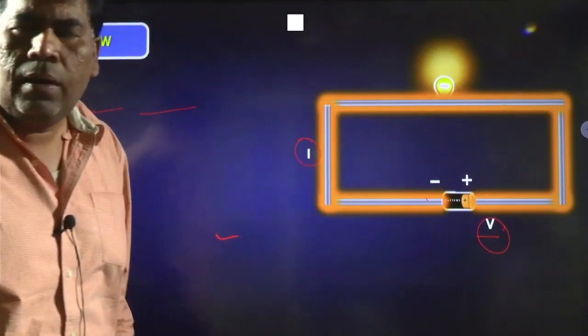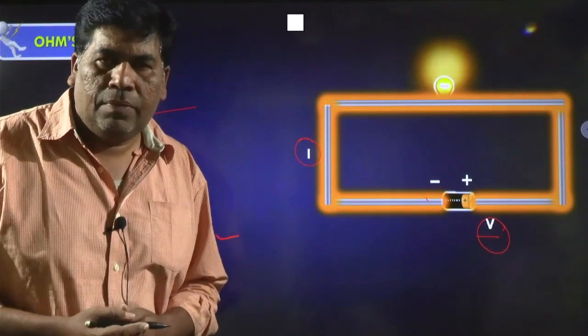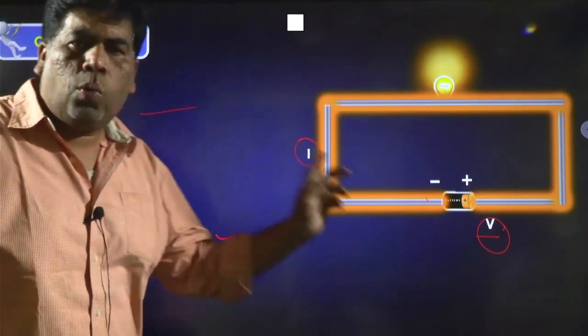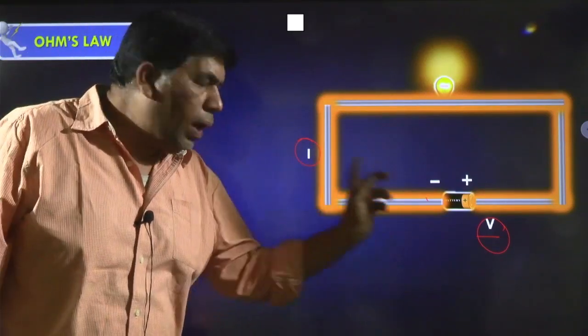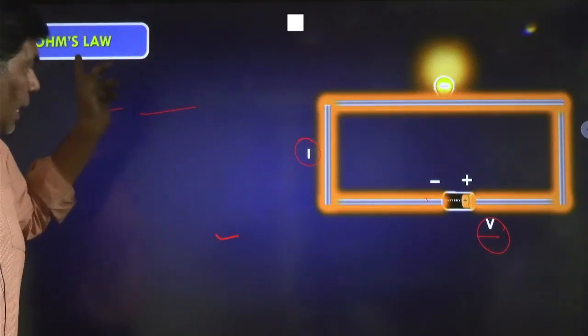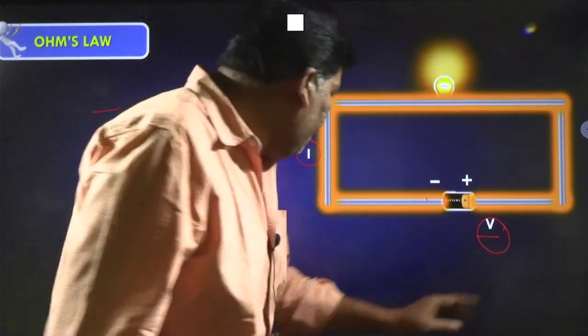V stands for potential difference and I stands for electrical current. Ohm's law is a law in physics which gives the relation between I and V.